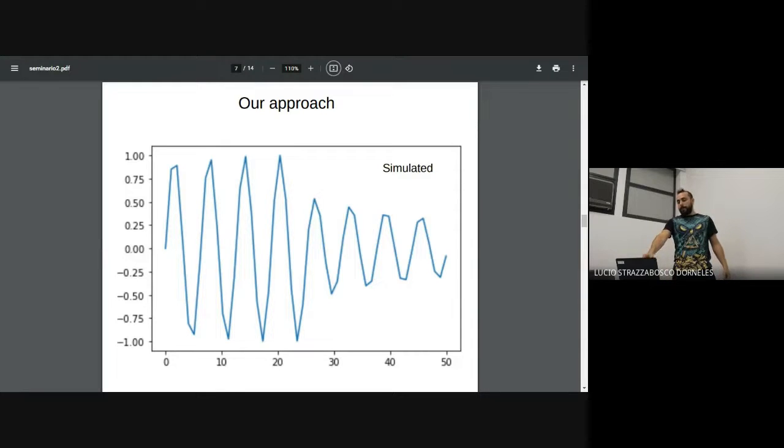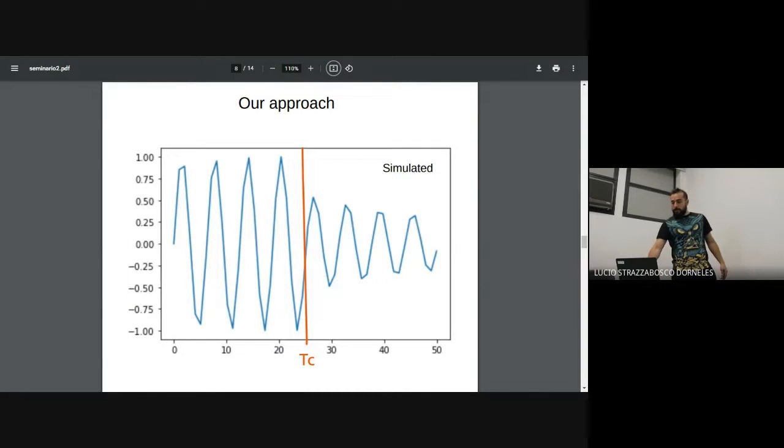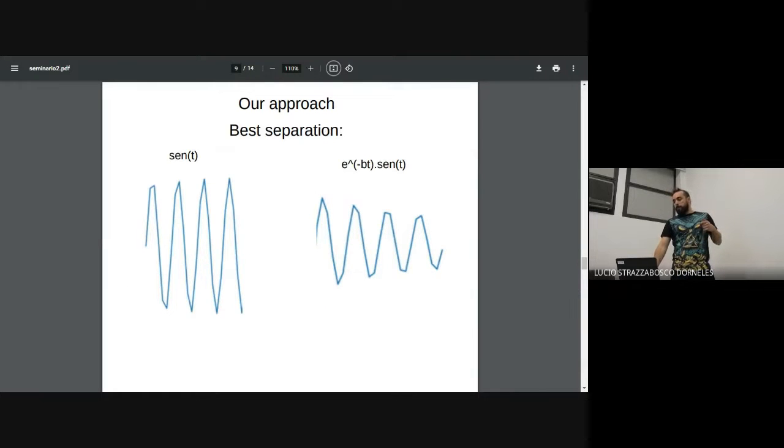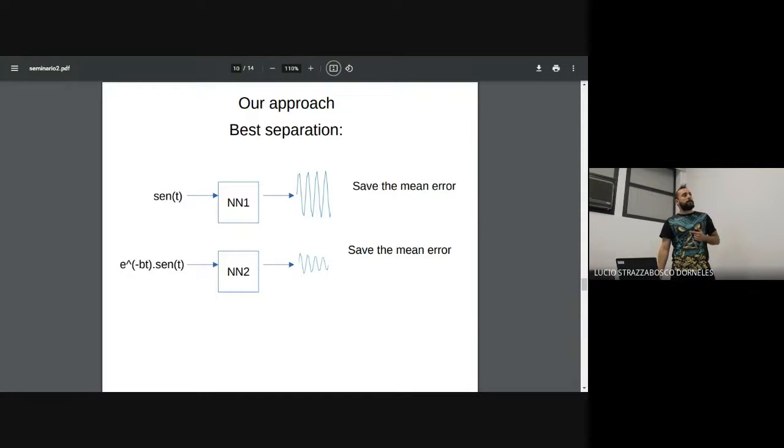We get here a sine and a damped sine, and we get two functions. We separate the two functions, and we use those two functions to train a neural network.